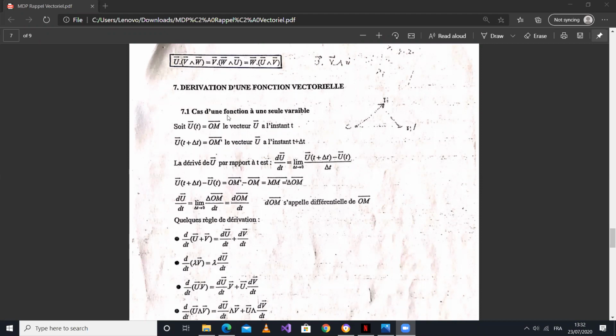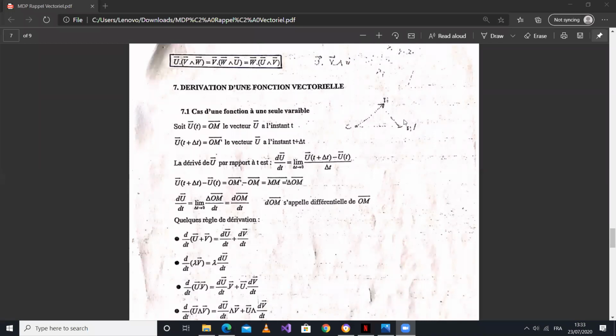If we are using this other representation, at first you were at OM, but you moved your vector from OM to OM prime. So you moved from this position to that position. And the distance that you moved is going to be the difference between this position and that position, which is OM prime minus OM, the expression here.